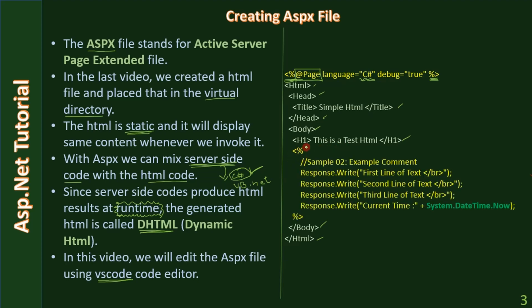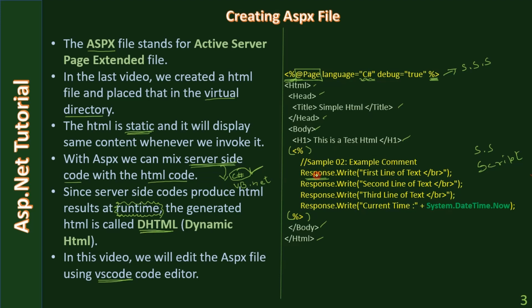Then here is the start of the ASP block, and here we are ending it. We can call this block a server-side script. Since we specified the language is C#, Response is a web object, request and response, right?